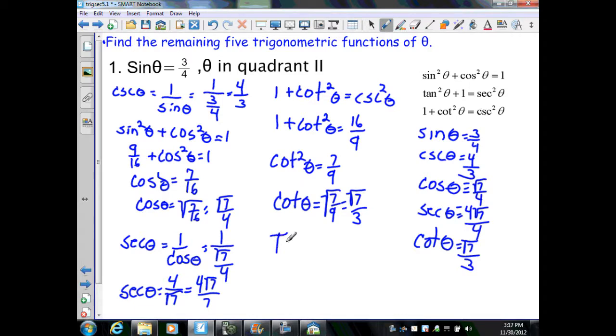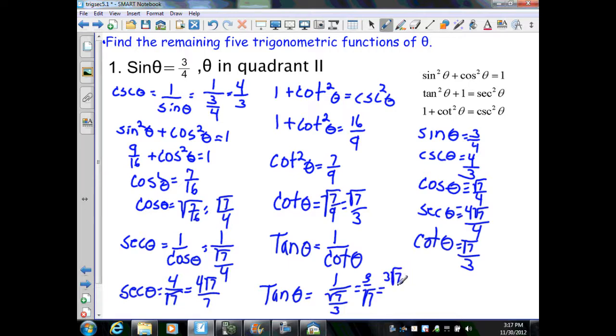Now I know that tangent theta is equal to 1 over cotangent theta, which gives me tangent theta equal to 1 over the square root of 7 over 3. That gives me 3 over the square root of 7. And when I rationalize, that's 3 square roots of 7 all over 7.